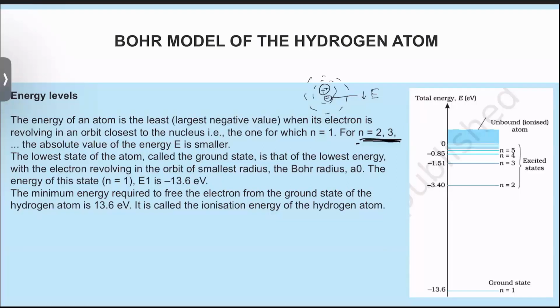Okay, so the minimum energy that would be required to free an electron from the ground state of the hydrogen atom would be 13.6 electron volts.